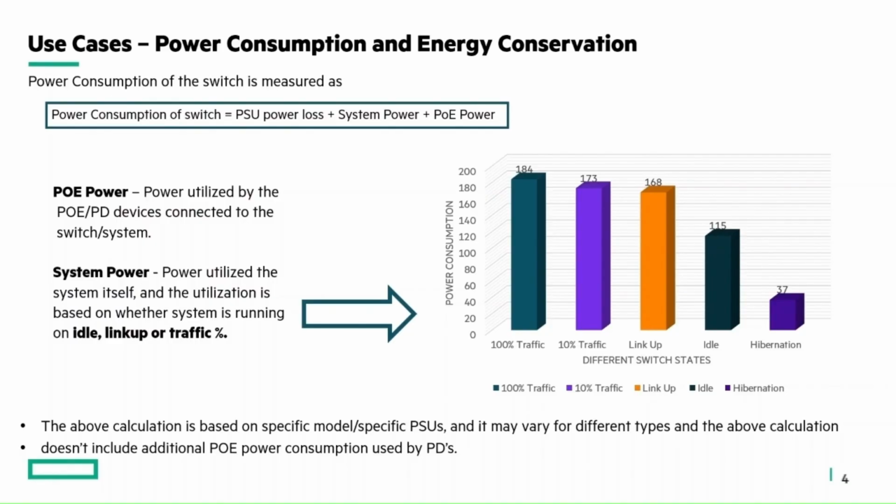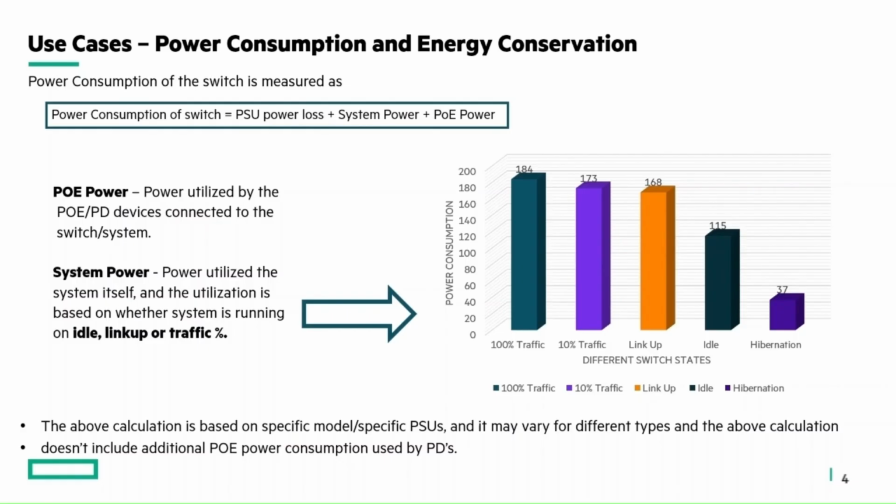On the other hand, the system power is the power utilized by the switch itself, and the utilization is based on whether the system is running idle, link up, carrying 10% of the traffic, or fully utilized, carrying 100% of the traffic.